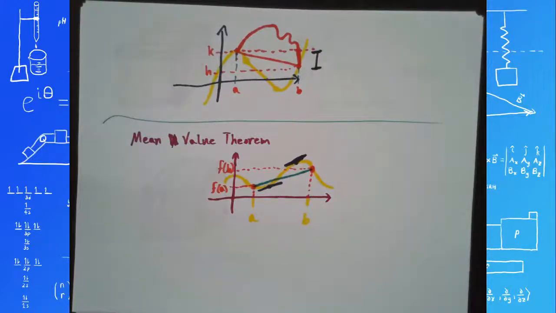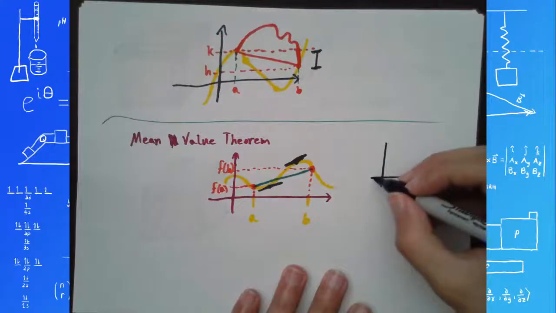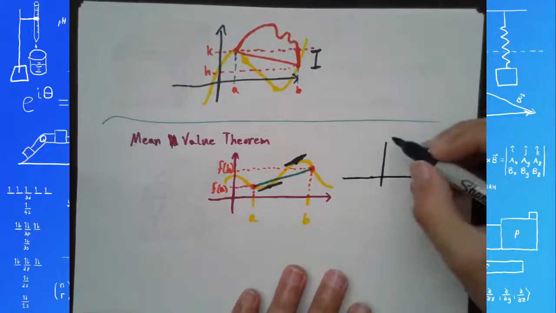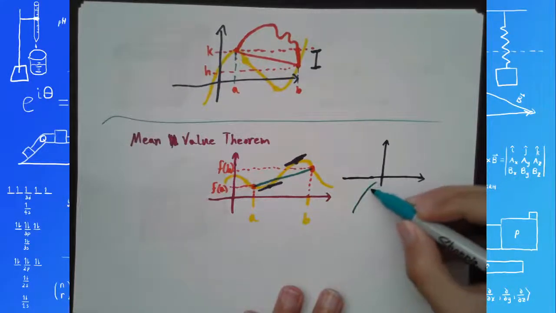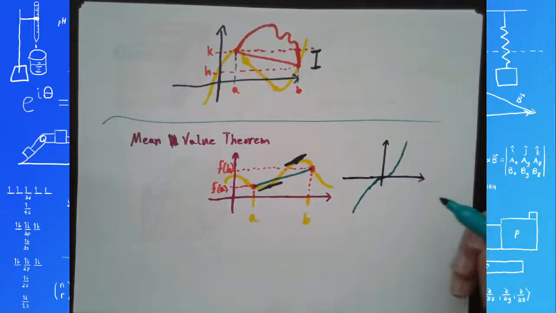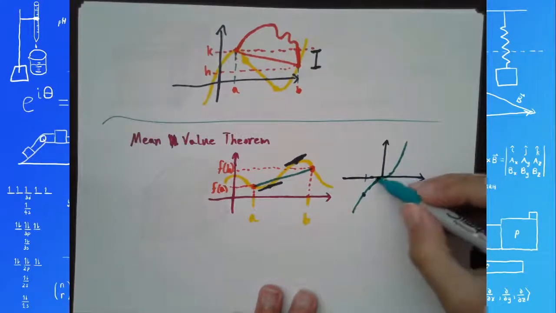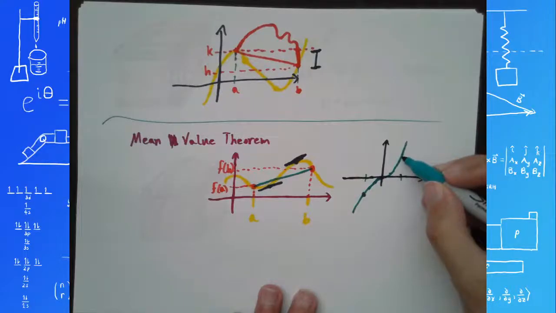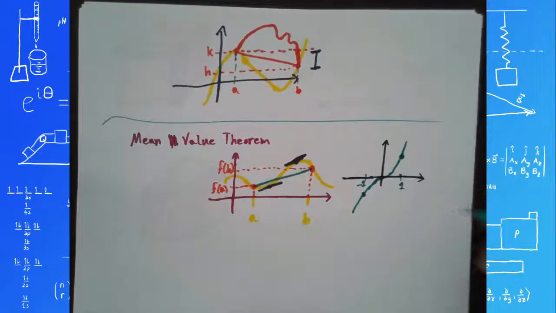What if I did the graph of x cubed? So if my original graph is the graph of x cubed, drawn somewhat poorly, and let's say we did it between -1 and +1.